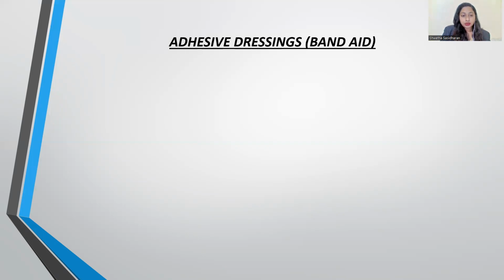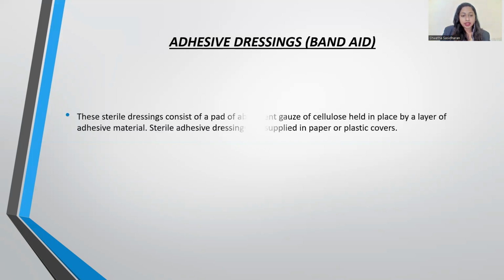Let me elaborate a little on the band-aid. It is a sterile dressing which consists of an open pad of absorbent gauze or cellulose held in place by a layer of adhesive material. Sterile adhesive dressings are supplied in paper or plastic covers.